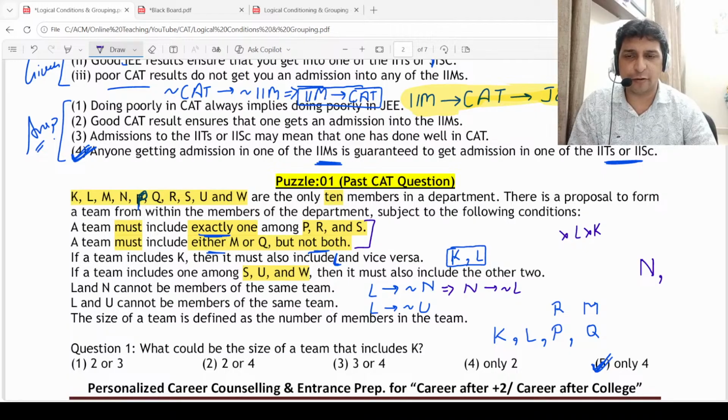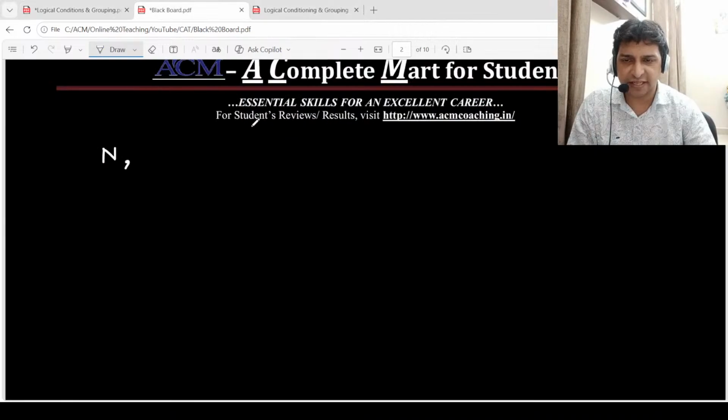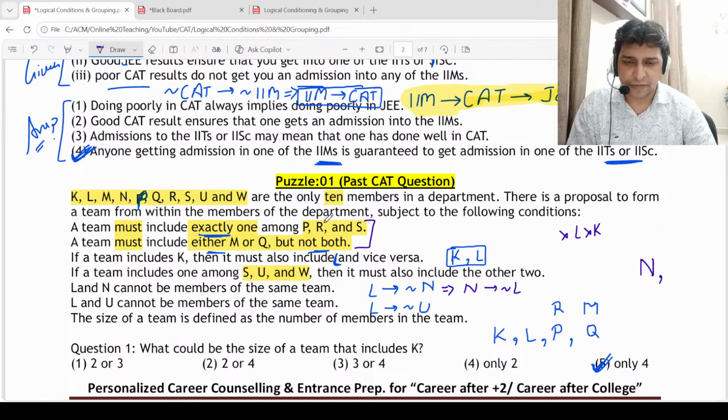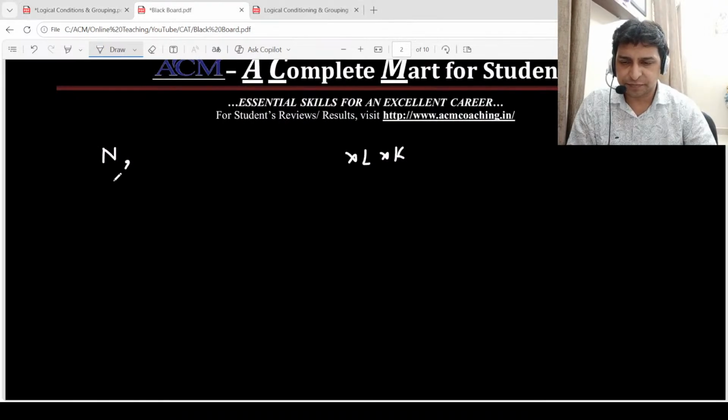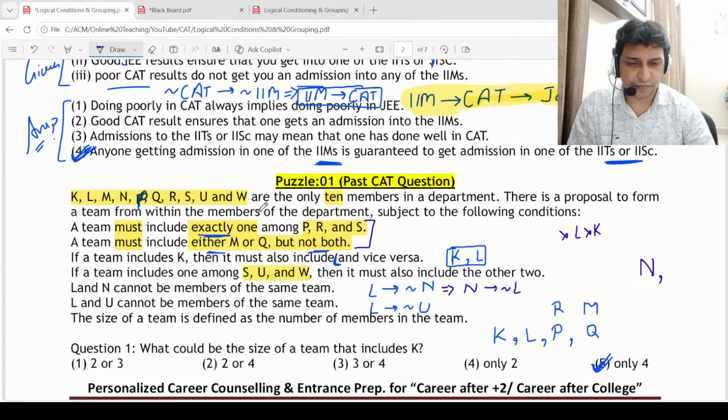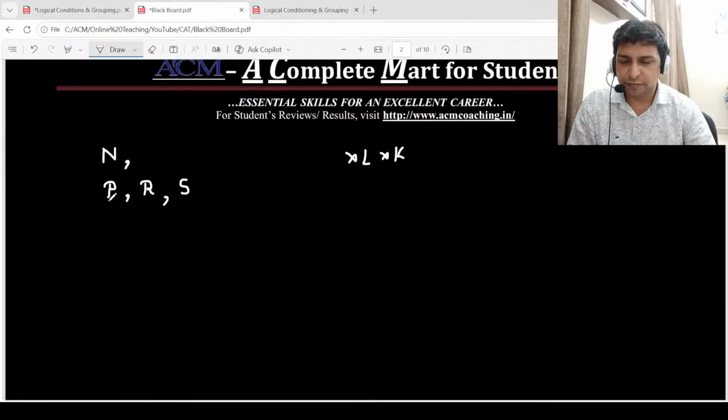We cannot have L, we cannot have K. Let's write that down side by side. So we cannot have L, we cannot have K in this team. Out of P, R, S, we can have one. So we can have P, we can have R, we can have S, any one of them, and M or Q.